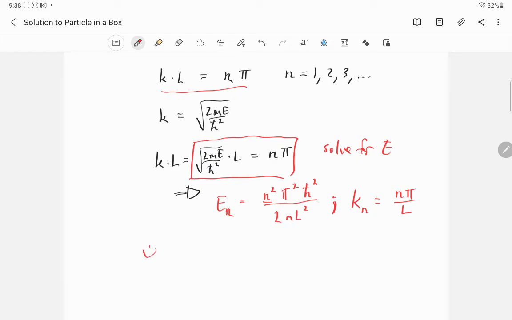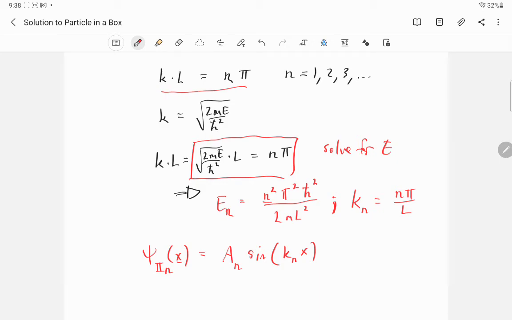Now, if I write down the region 2 wave function, it's equal to some constant A times the sine of k sub n times x. That means the wave functions themselves are not only x dependent, but also index n dependent. So in general, the normalization constant A sub n is also possibly n dependent.